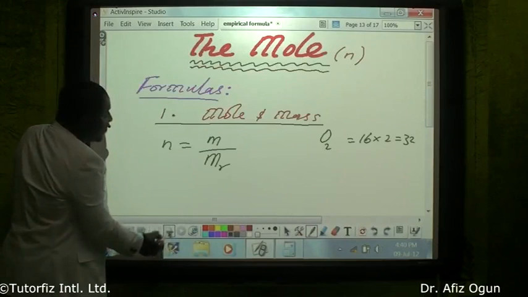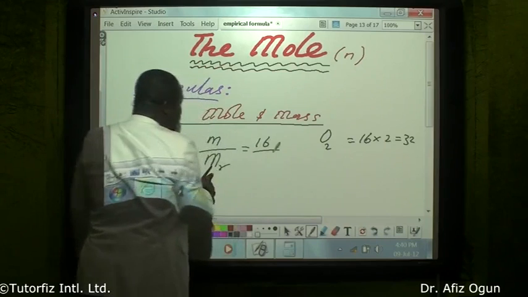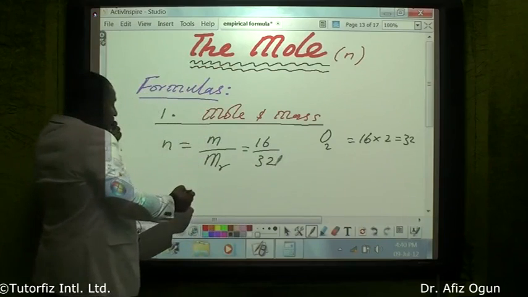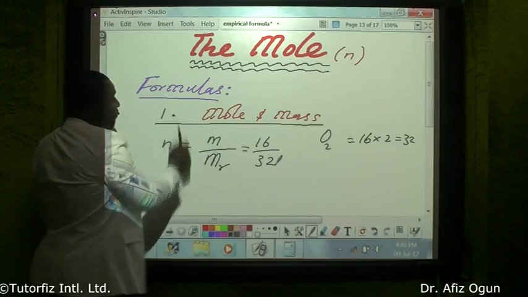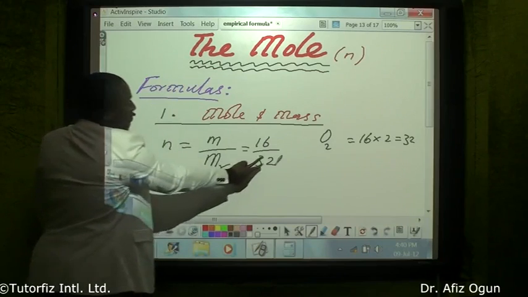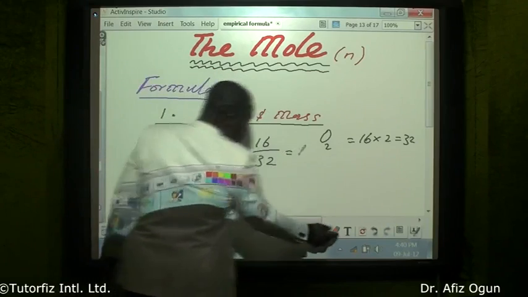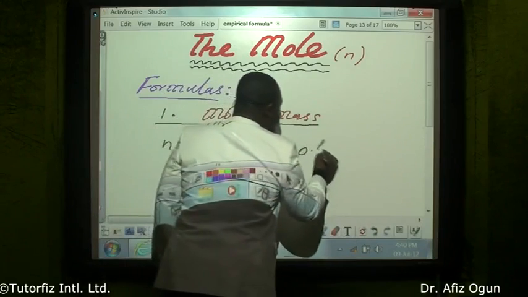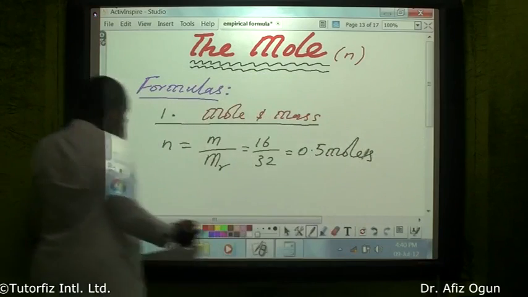So I have 16 divided by 32, because it is a diatomic gas. Whatever I see in the periodic table, I will multiply by 2. So this gives me 0.5 moles of oxygen.